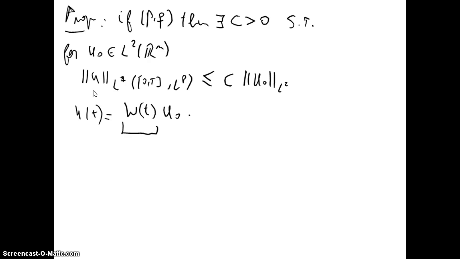Okay, so for u naught in L2 of R^n, then using this proposition, we get that the norm of W(t)u naught in L^q is less than or equal to a constant times the norm of u naught in L2.